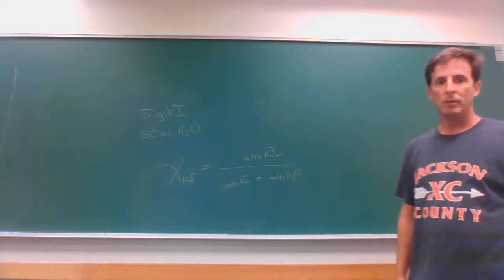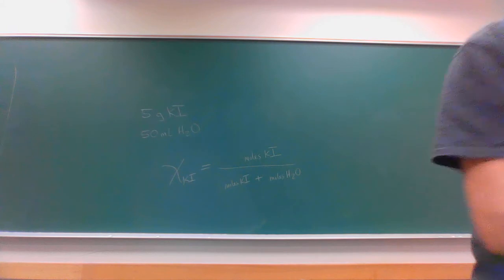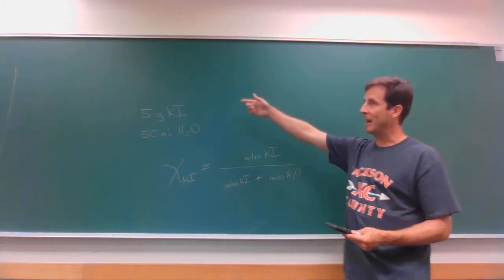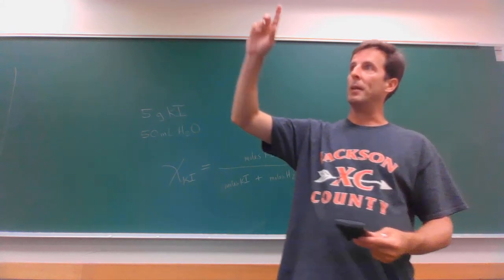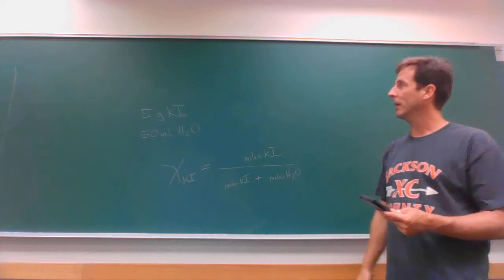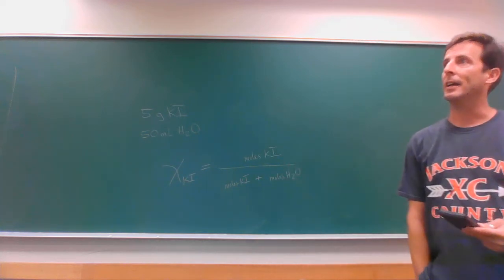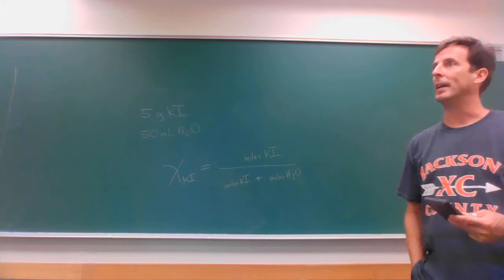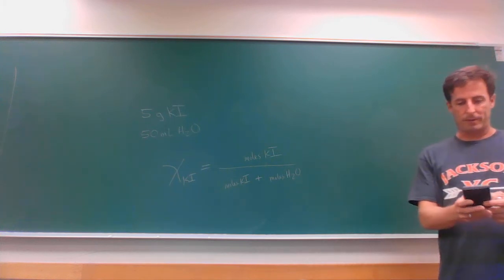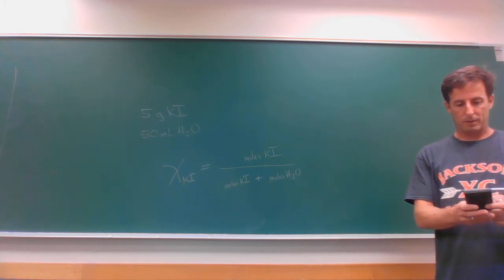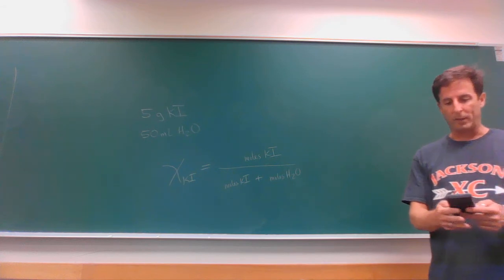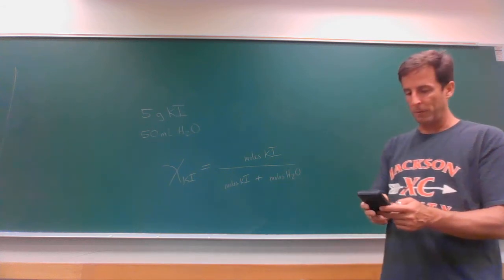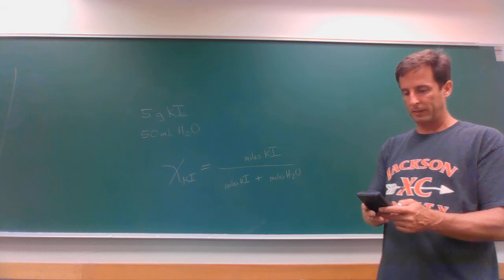Okay, so the moles of KI, well, I know I have 5 grams. The atomic weight of potassium is 39.1. The atomic weight of iodine is 126.9. So if I add those together, the molecular weight is 166. So I'm going to do 5 divided by 166.